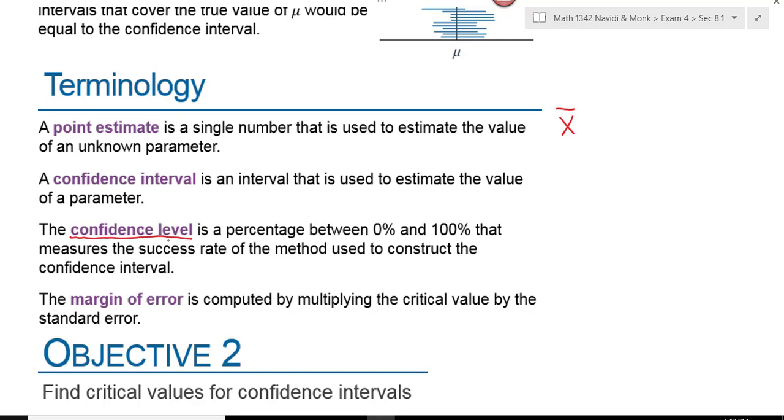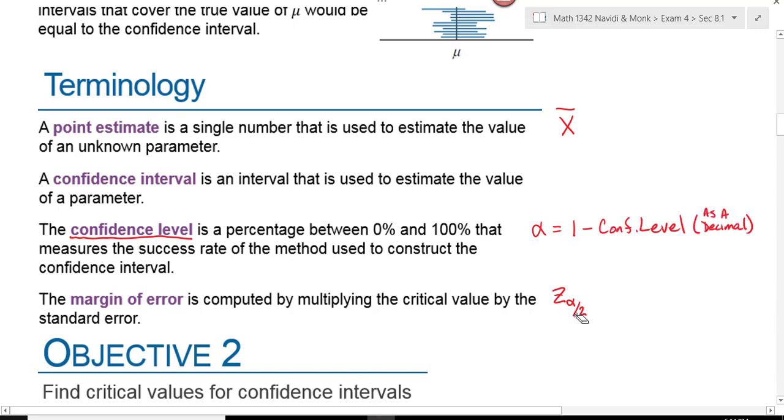I just gave you a quick run through of the process, a big overview of it. The margin of error is computed by multiplying the critical value by the standard error. For this problem, our critical value will be a z-score that's found by taking our alpha level. By the way, alpha is going to be 1 minus our confidence level, written as a decimal.